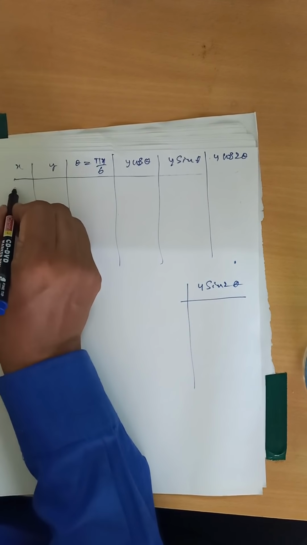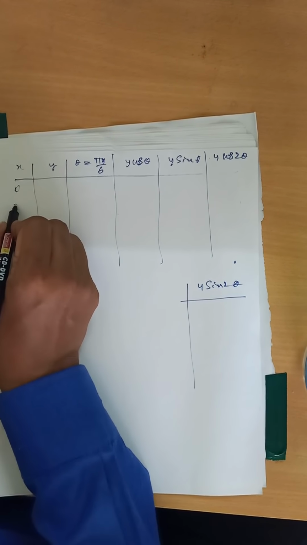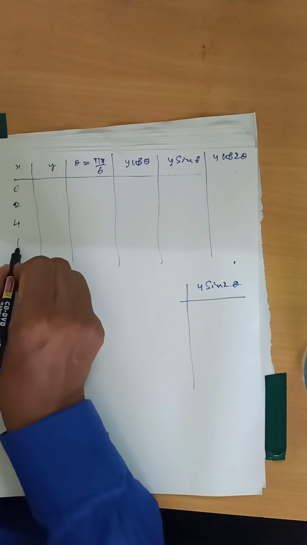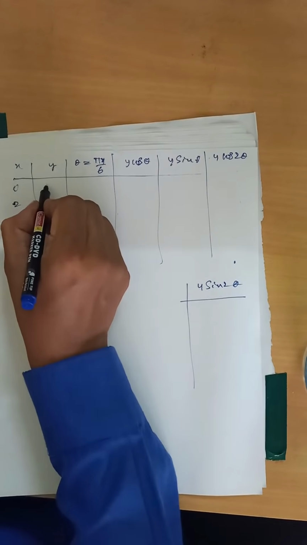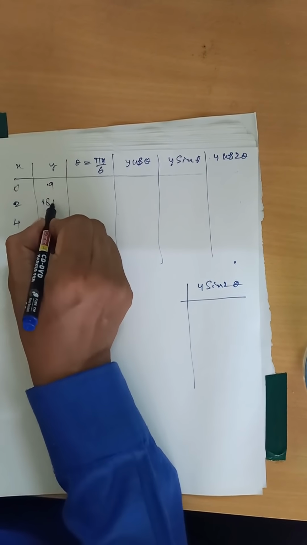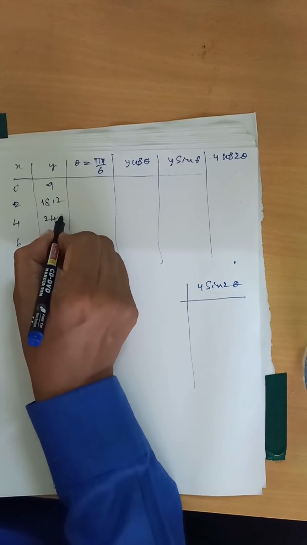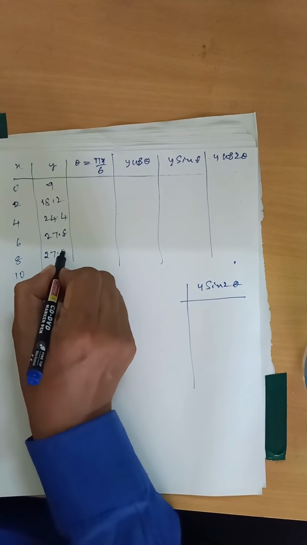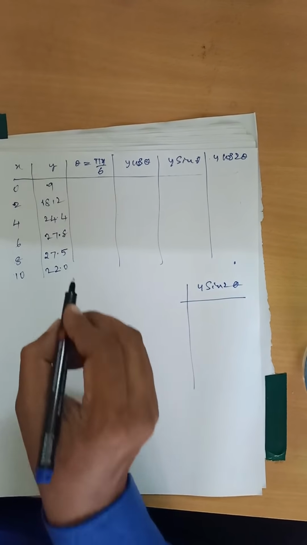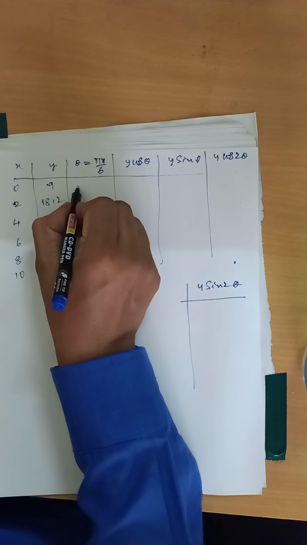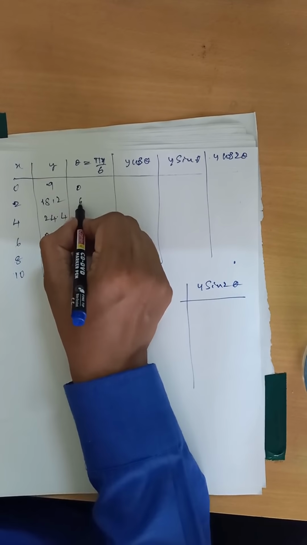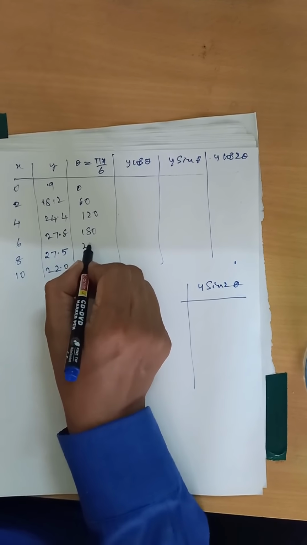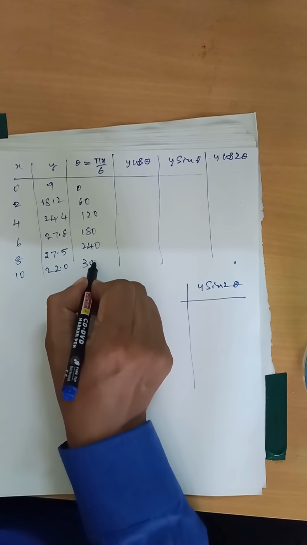X readings: 0, 2, 4, 6, 8, 10. Y: 9, 18.2, 24.4, 27.8, 27.5, 22. Applying the x values to get degrees: 120, 180, 240, 300.